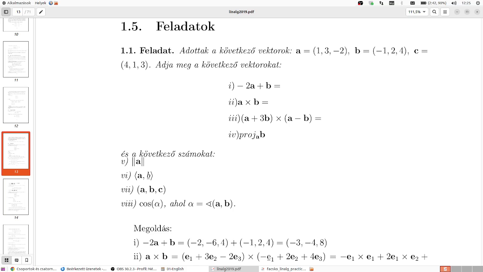Okay, the next two. Can you please calculate the length of the A vector and the scalar multiplication of the A and B vector?